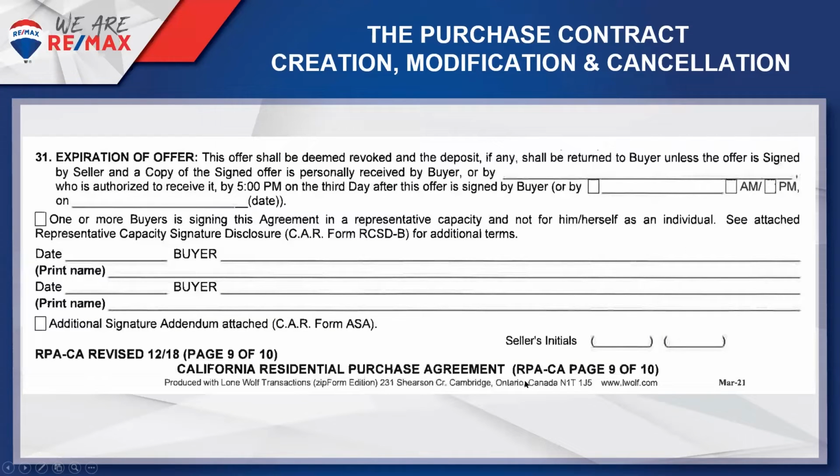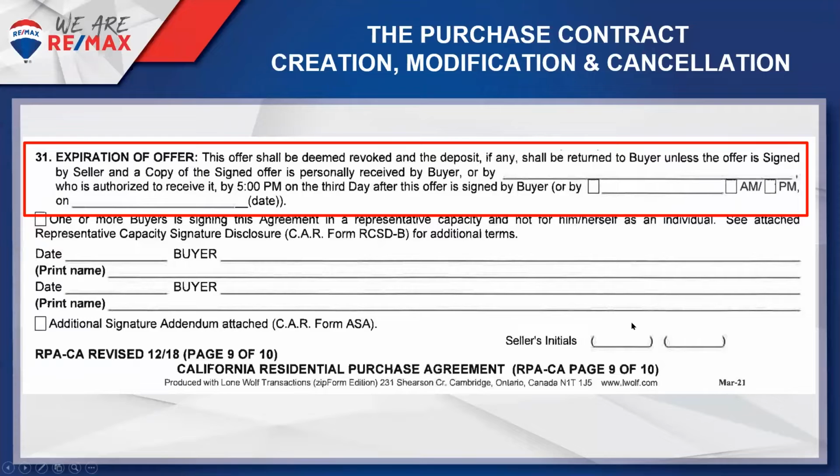Okay, I want to look at page 9 in a little bit of detail. At the bottom of page 9 is the expiration of the offer, and a couple of important points to take a look at there. Paragraph 31: this offer shall be revoked unless it is signed by the seller, and a copy of that signed offer personally received by the buyer.